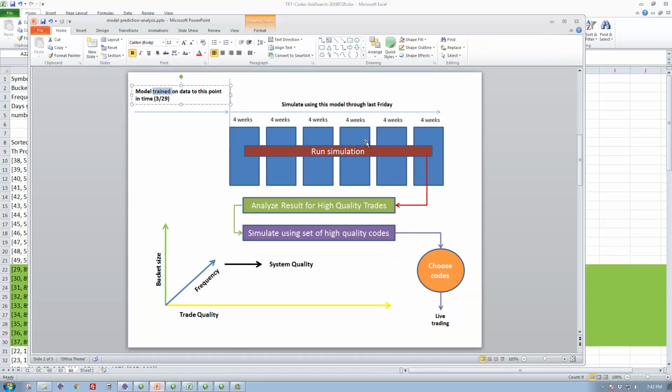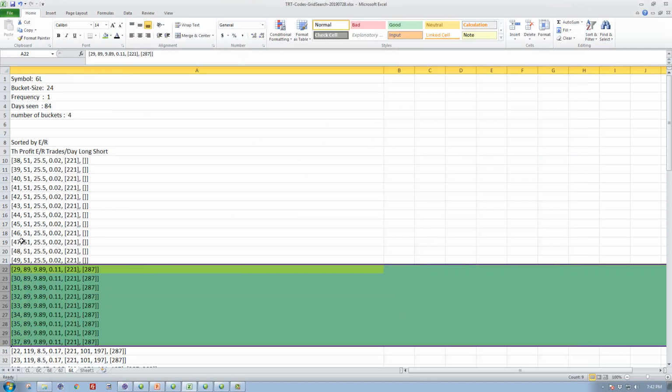Basically, we simulate using this through last Friday. Last Friday changes every week. Every week we add another week of data, we rerun our simulation, and then we look at the results here until it's time to retrain the model.